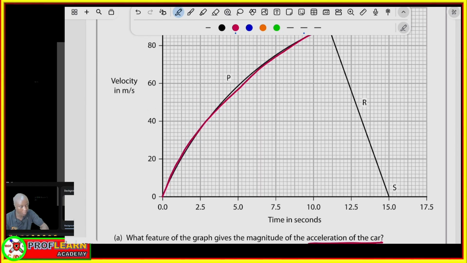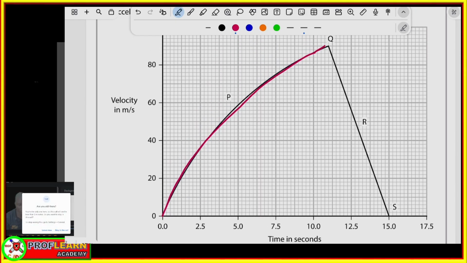Whenever you are given such a question, you need to check, is it a distance time graph or a velocity time graph? In this case, this is basically a distance time graph.